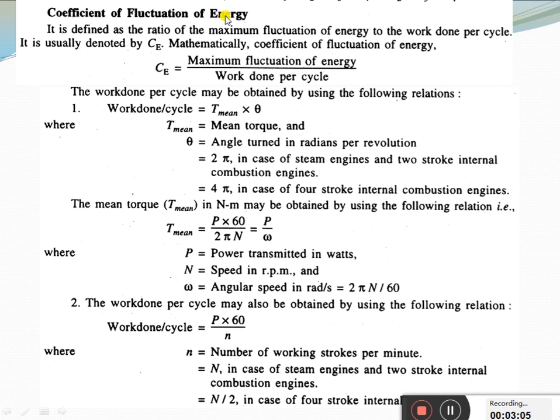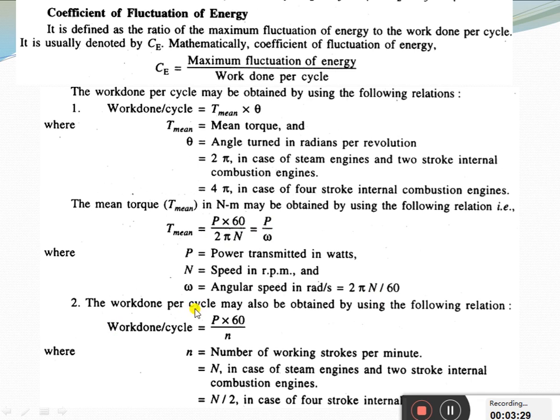And the coefficient of fluctuation of energy, that is Ce, is equal to the maximum fluctuation of energy divided by the work done per cycle. The work done per cycle is T mean into theta, and T mean is equal to P into 60 divided by 2 pi n, which is equal to P by omega, where omega equals 2 pi n by 60.